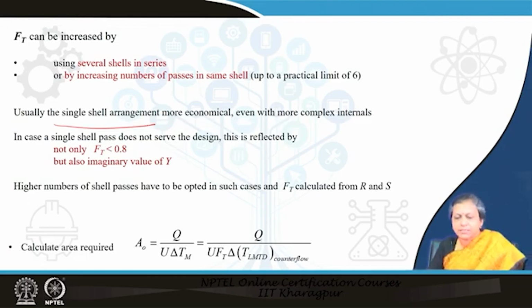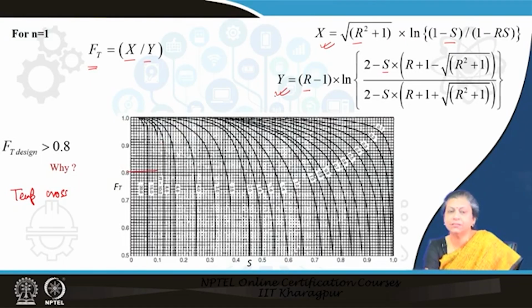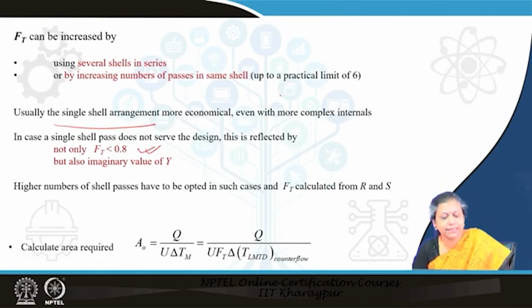If by some means we find that in a single shell arrangement it is not possible to perform this design, and this will be reflected not only by Ft less than 0.8, but also by an imaginary value of this y, both these would suggest that a single shell design is not possible.